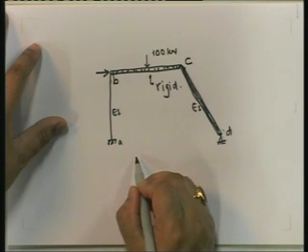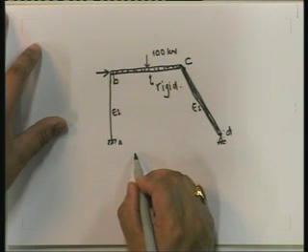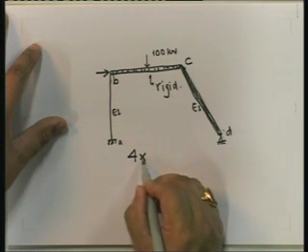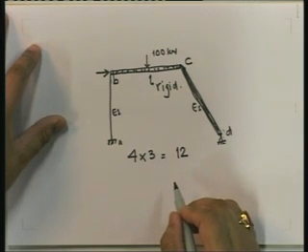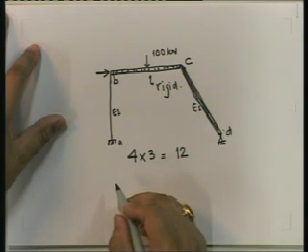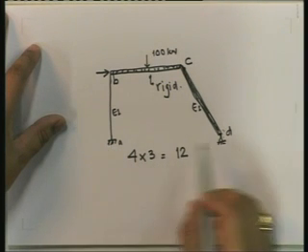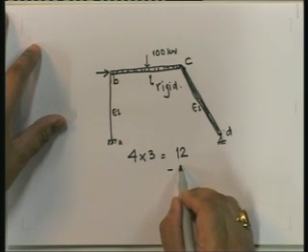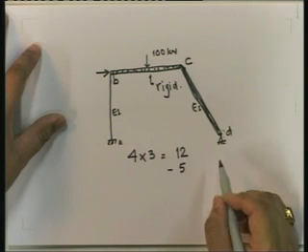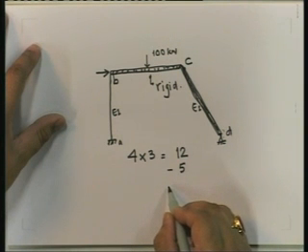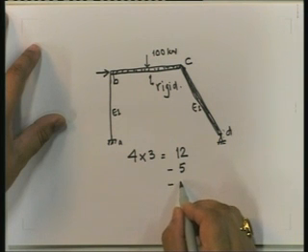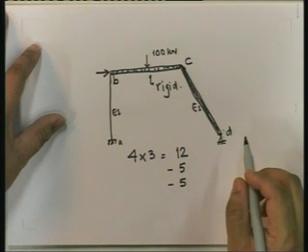How many joints? 4. So 4 into 3 is 12. Okay. Then how many restraints? 1, 2, 3, 4, 5. So 5 restraints. How many constraints? 1, 2, 3, 4, 5. Okay.